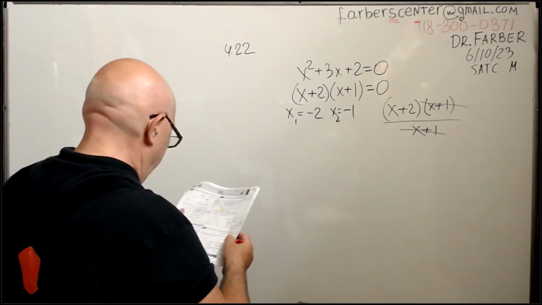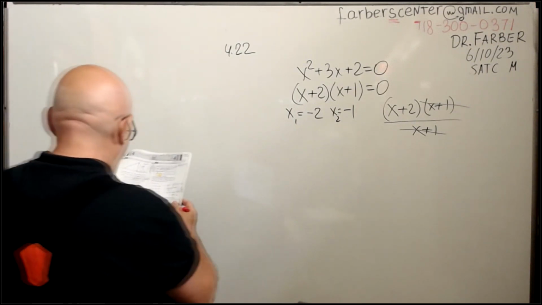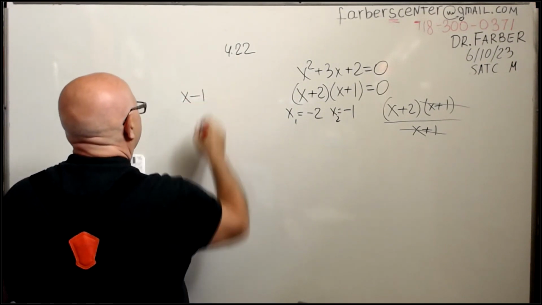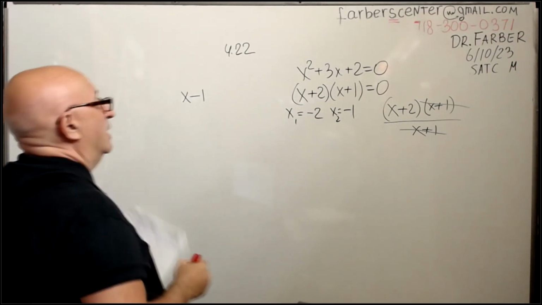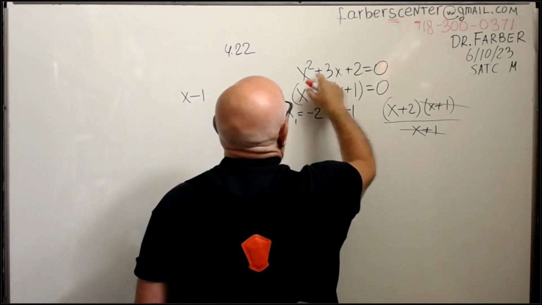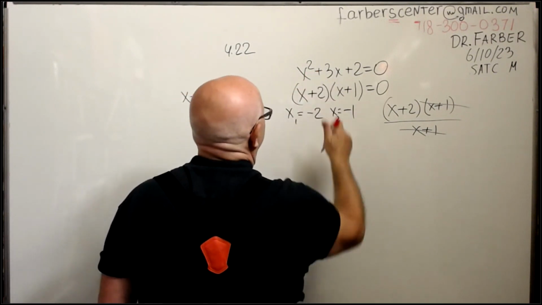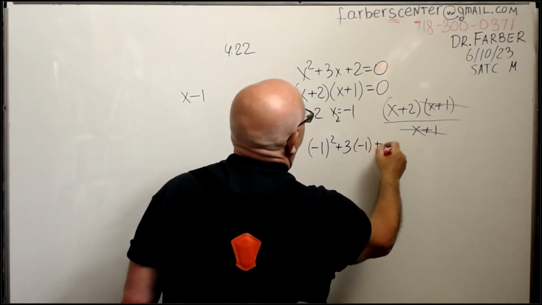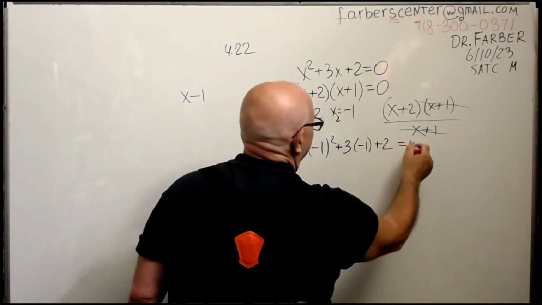So in our case, what do they give you? We should have the factor of x minus 1. So equal remainder theorem, and by the way, if I plug in -1 or -2 to this one, I'll get 0. For instance, -1 here. -1 to the second power plus 3 times -1 plus 2 is 1 plus 2 minus 3 is 0.